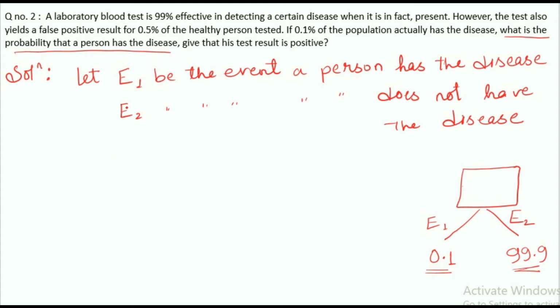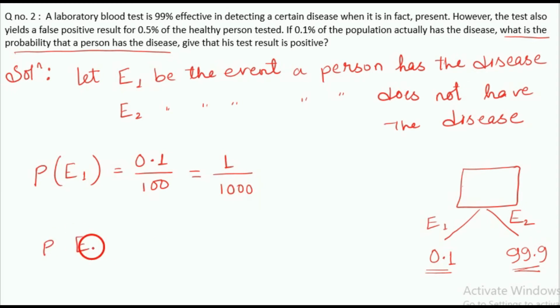Now can I write the probability of E1? E1 probability is 0.1%. Whenever you see a percent, it means divided by 100, so I can write this as 1 by 1000.